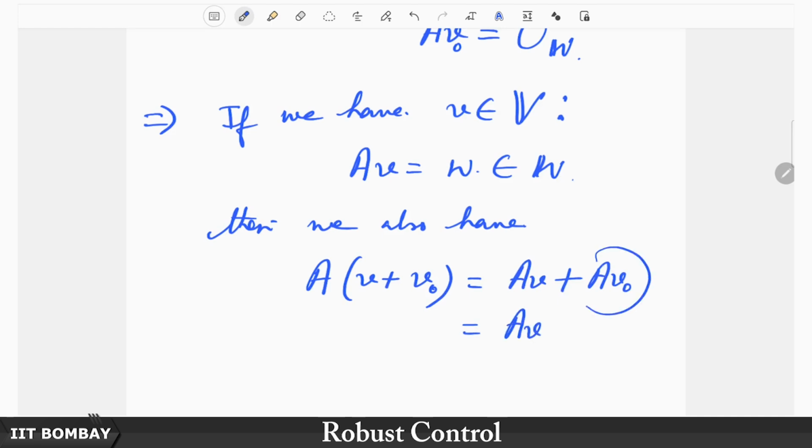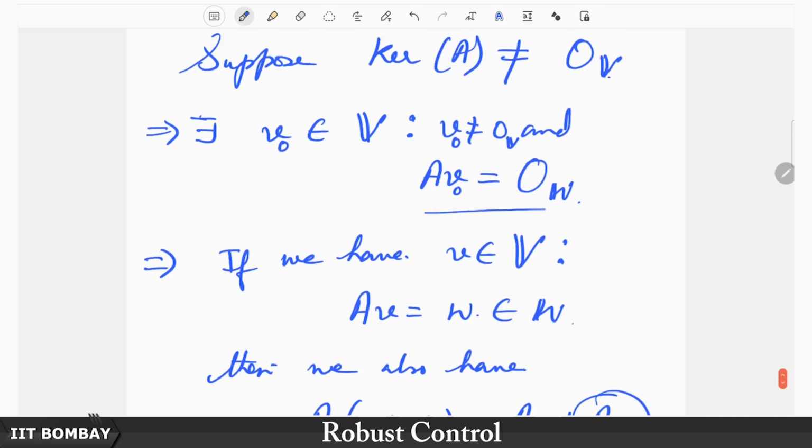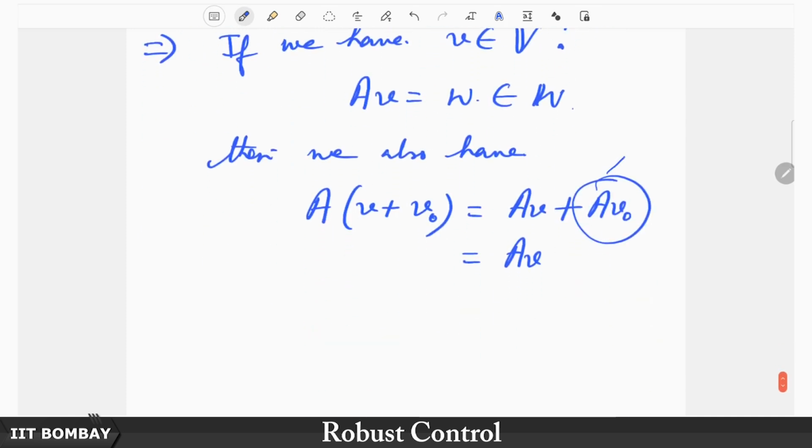Why? Because this part, by its definition, is just the 0 element in W. Therefore, this is AV, which is equal to W.